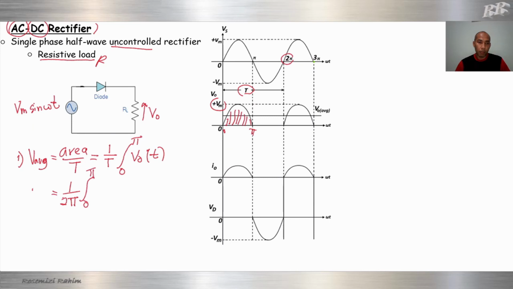From 0 to pi, V out will be the same as the input, Vm sine omega t d omega t.